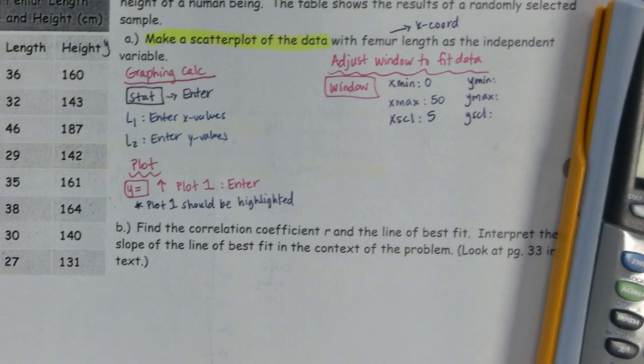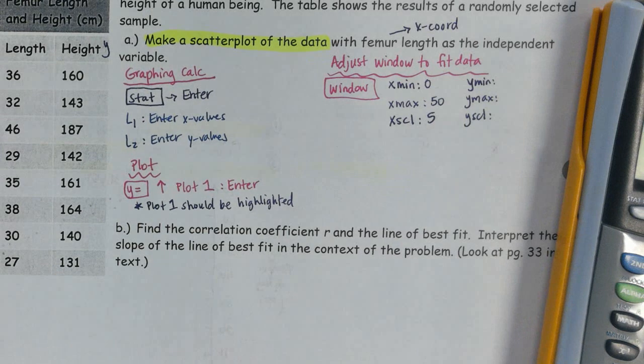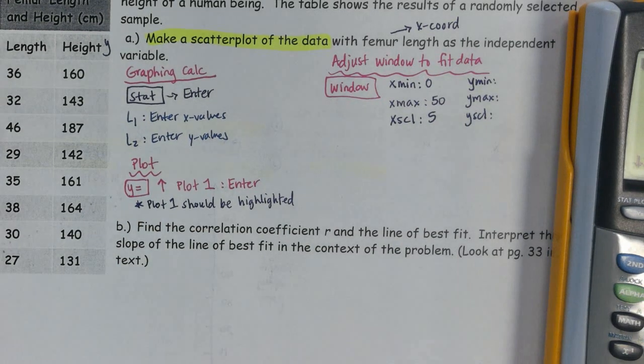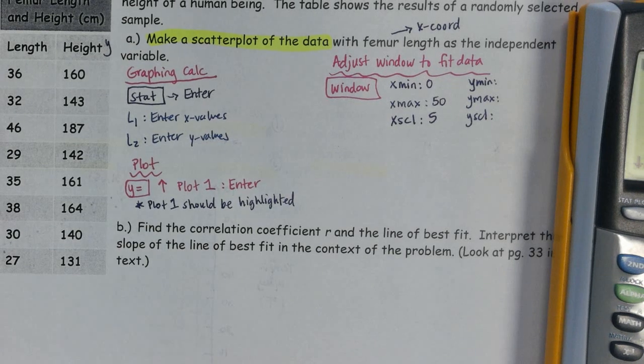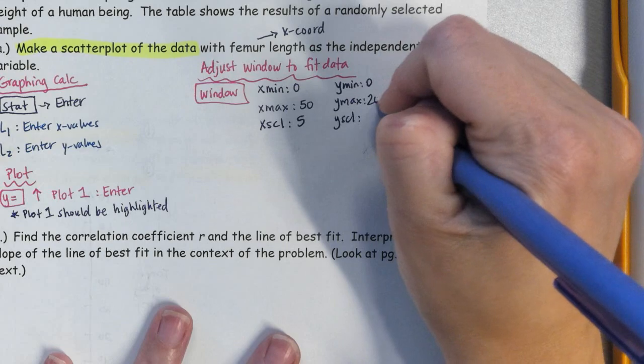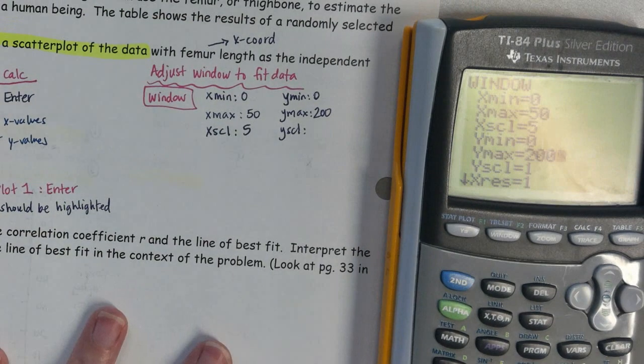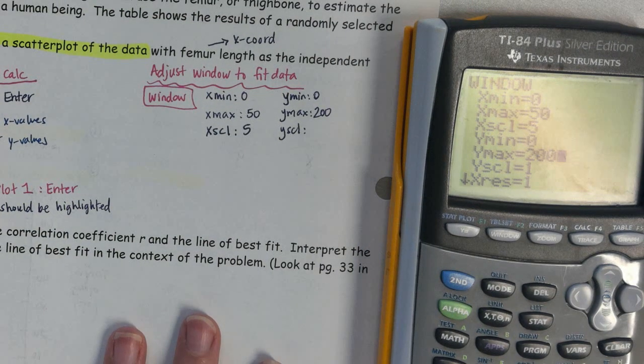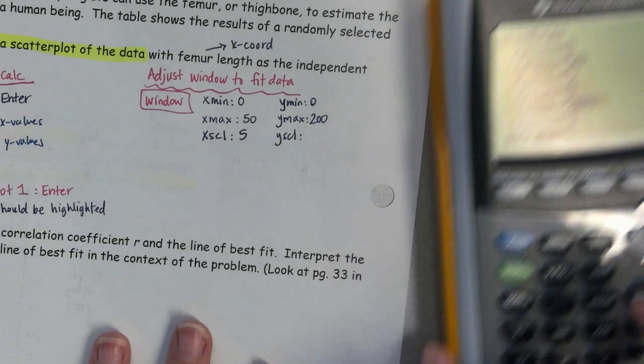And then the highest y value is what? 187. So if you want to go to 190, you can. I like to go to 200. So 0 to 200. And then what would be a good scale for this one? Yeah, I would go by 10s.